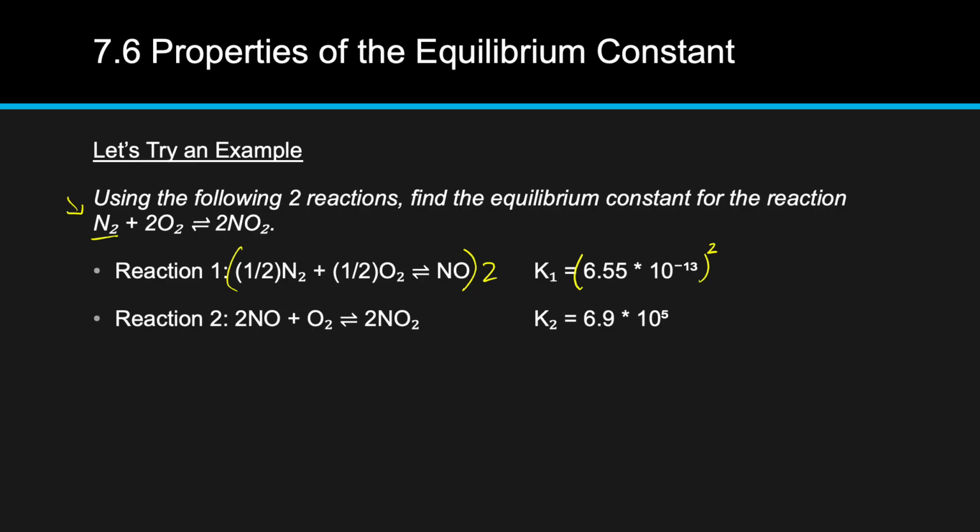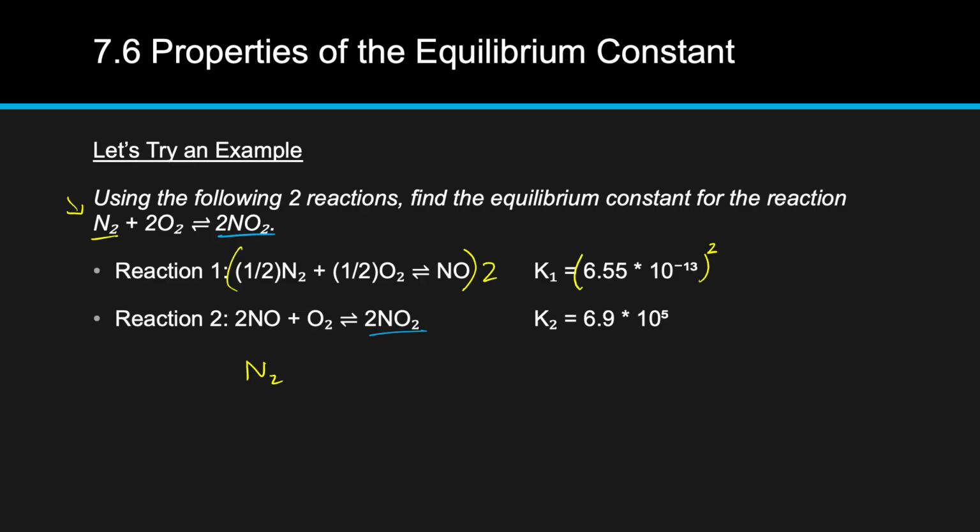Then moving on to O2, I can see O2 is in both reactions, so I'm actually going to skip that just for efficiency and clarity and go to our product, which is 2NO2. That is only in one reaction, which is the bottom one. So I actually don't need to manipulate K at all. So just verifying that I did cancel everything out, I'm going to rearrange the reaction that I had to multiply so that we can easily cancel out substances.